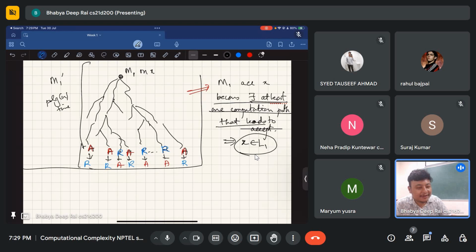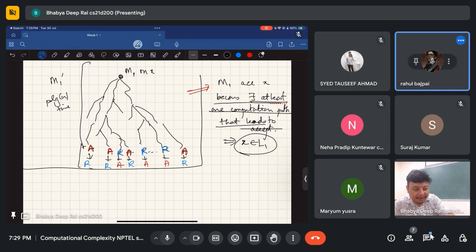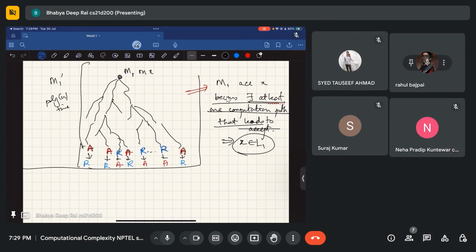That is the definition of non-deterministic Turing machines, how they accept. At least there exists a path, one accepting path.